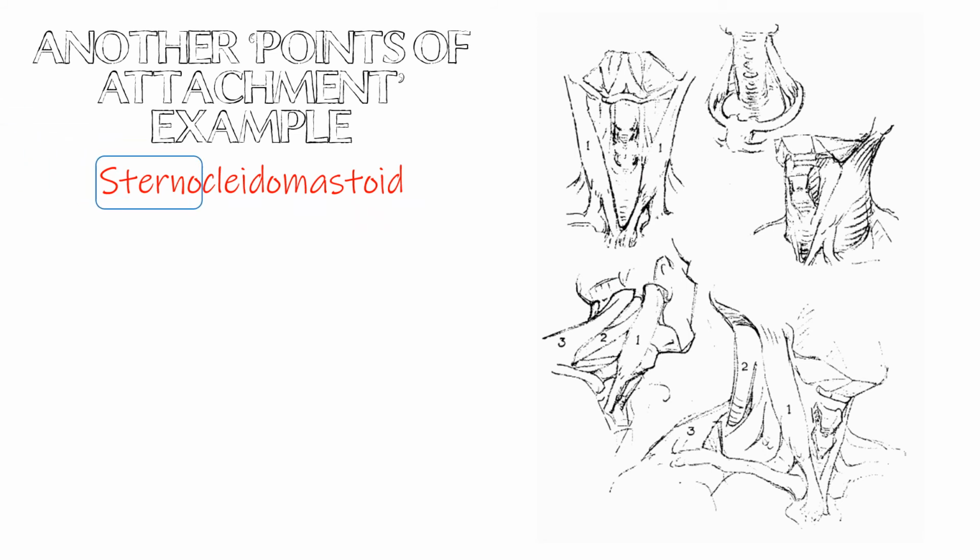So let's start with sterno. Sterno, you might be able to guess this, is telling you it's connecting on the sternum, and I've got it shown with a red circle there. It's actually connecting to the manubrium, which is the upper part of that, but it's the sternum. So sterno is telling you that that muscle is connecting to the sternum.